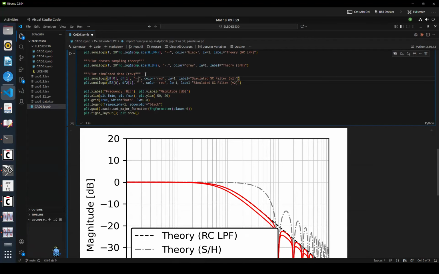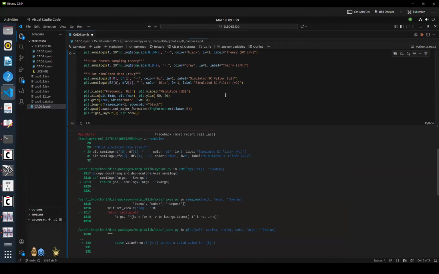Let me see for version 1, dotted line, and what about this? No? Wait, what is wrong?